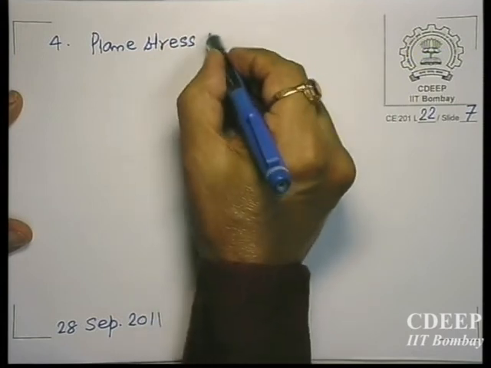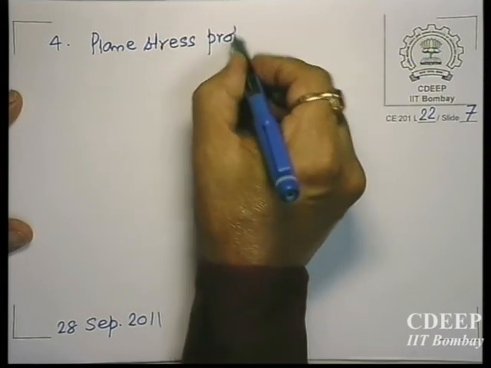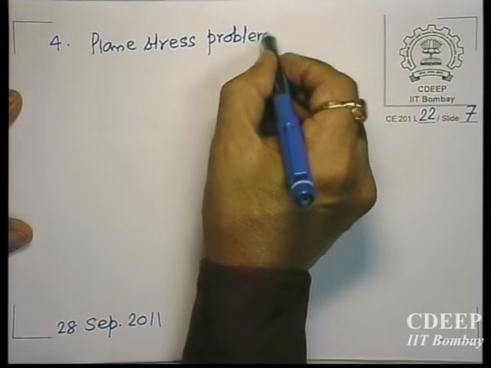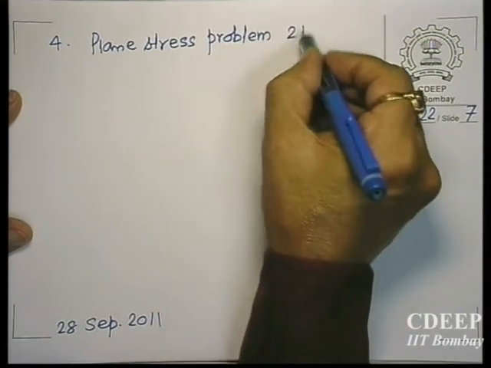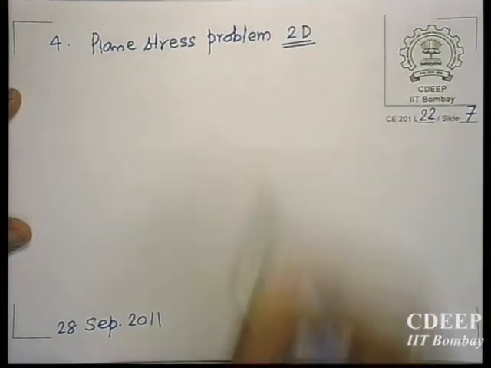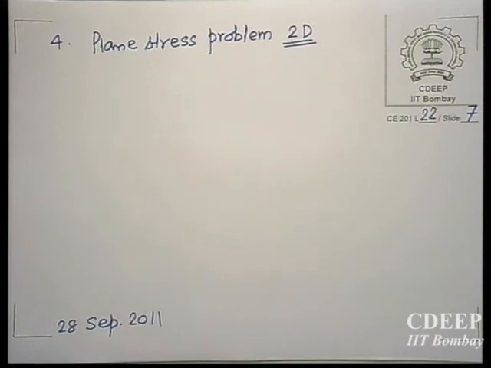But a plane stress problem is 2D. We want to develop a beam theory that is 1D, wherein the depth doesn't come into the picture. We want to express everything as a function of x.